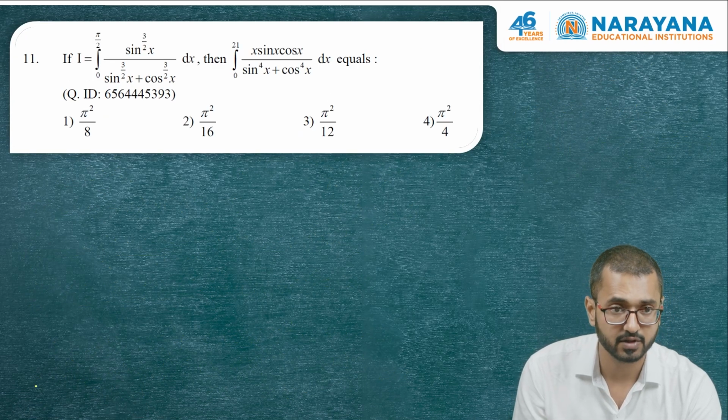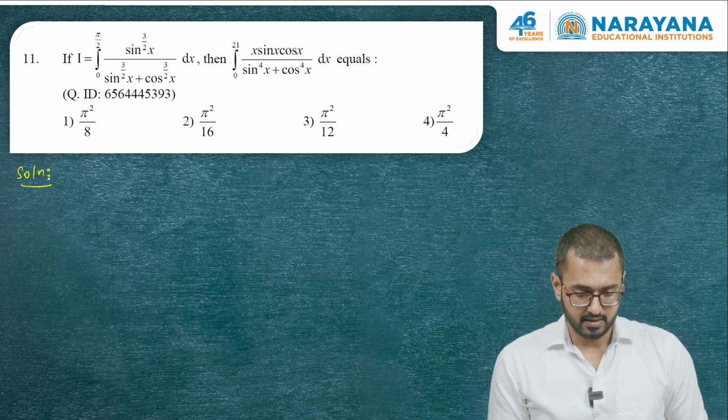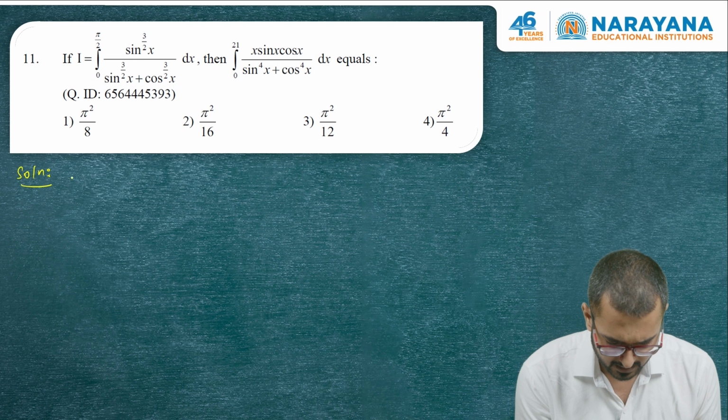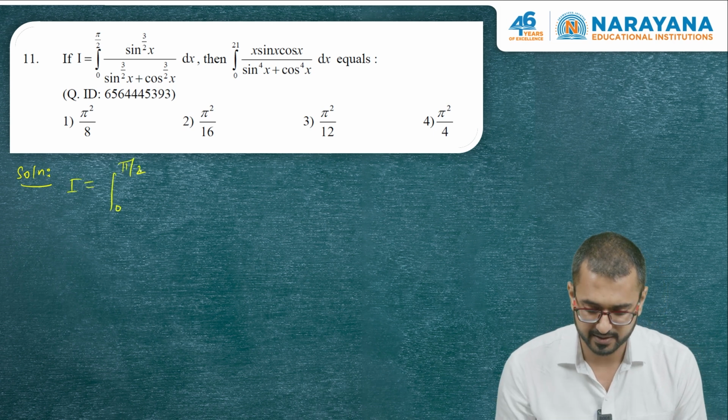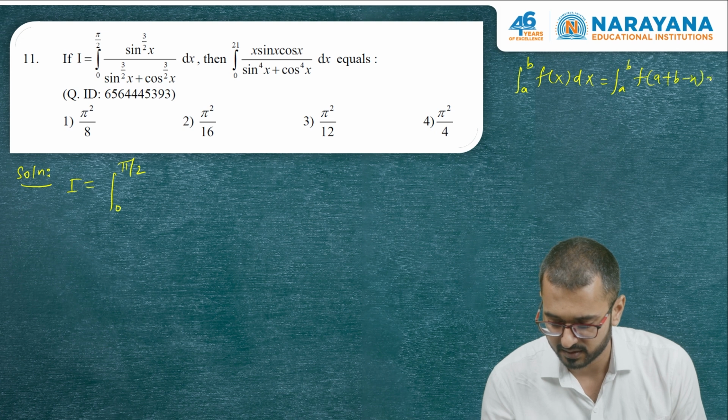Question number 11. So one integration is given, I equal to integral from 0 to pi by 2. As we can see here, integral a to b f of x dx is the same as integral a to b f of a plus b minus x.